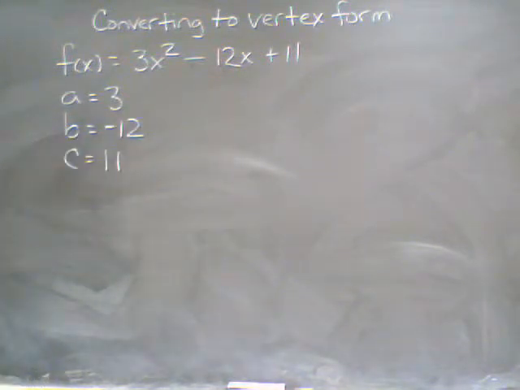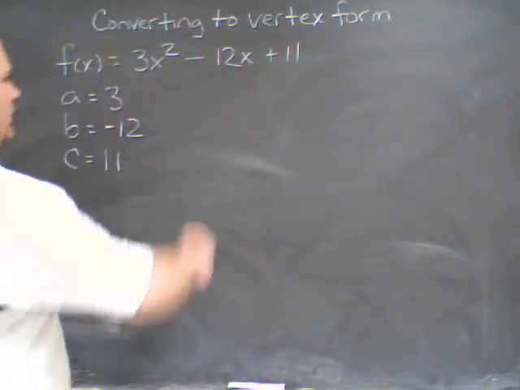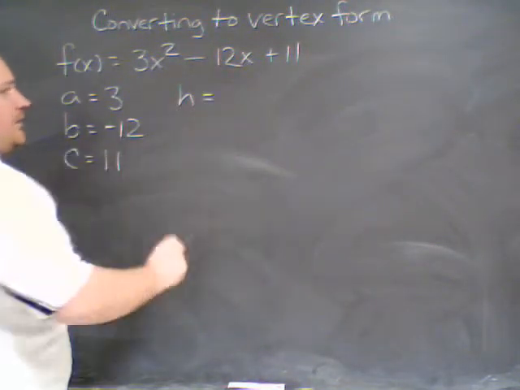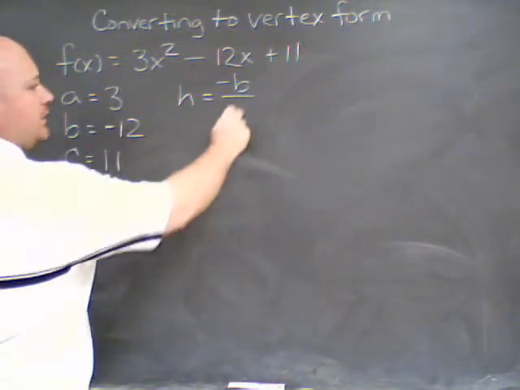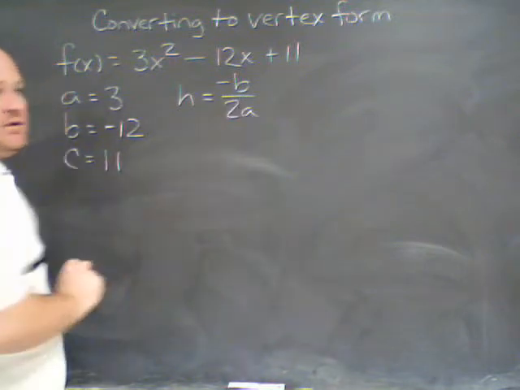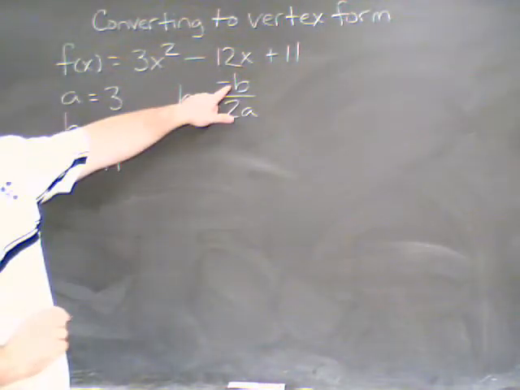Now once you've found those, you have to find what are called H and K. H is found by taking negative B and putting it over 2A. So we're going to take negative B first.